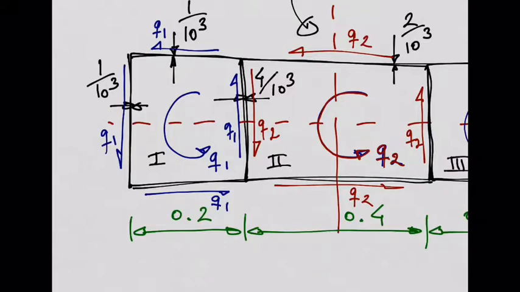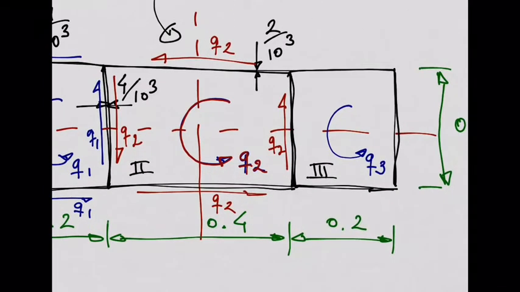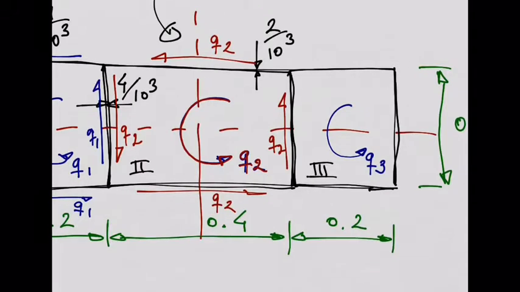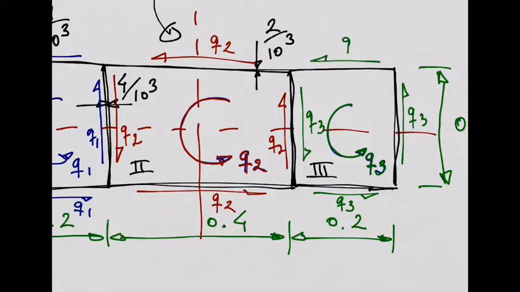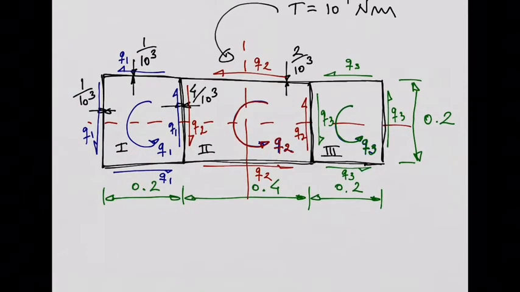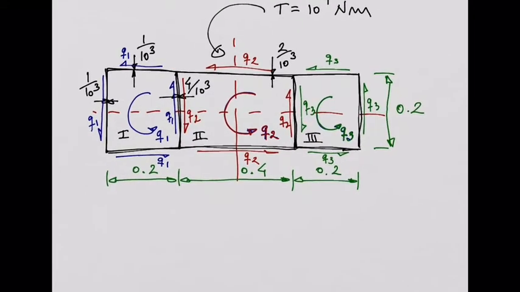Okay, you see? And then we do the same for cell number 3. Now maybe we can use the green color for this one. Let's make it green. All right? And then we will have Q3 in this wall, Q3 and Q3, right? You see? You are going to see why I am doing this. You are going to see very soon.